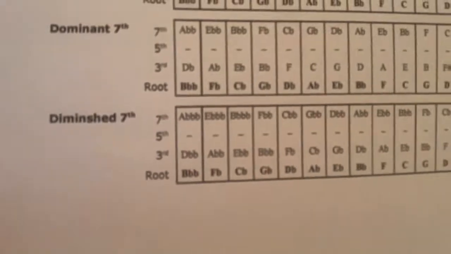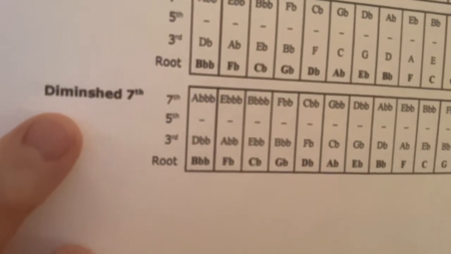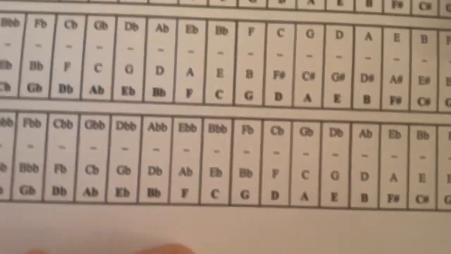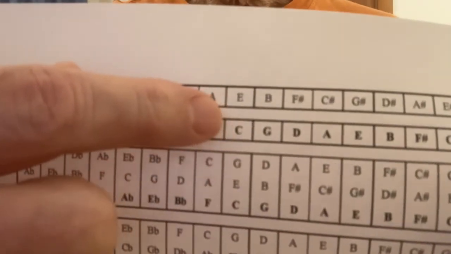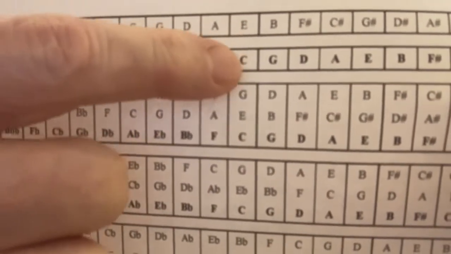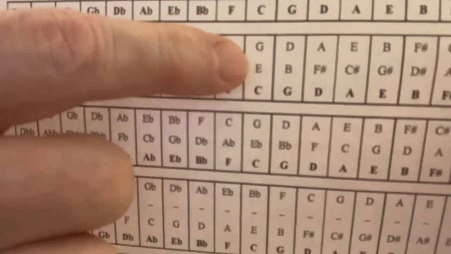Then on the diminished 7th row, I don't list the tones that make up a simple diminished chord. I list the tones that make up the precise diminished 7. In the C file, for example, you have correctly a C major chord, the correct tones.